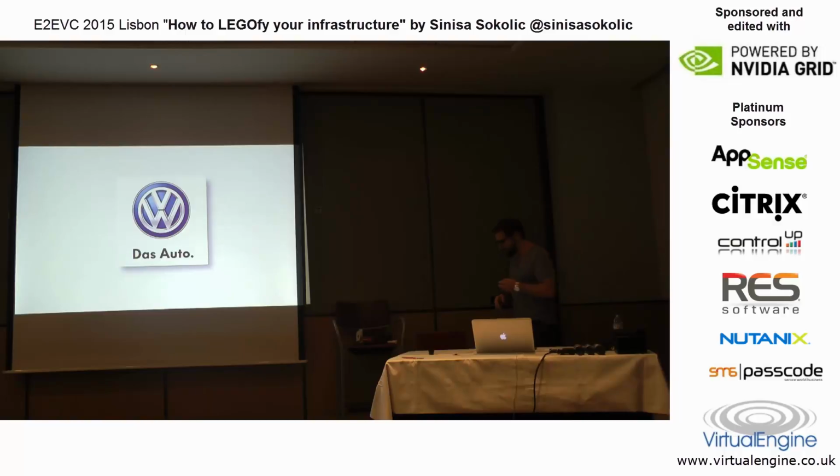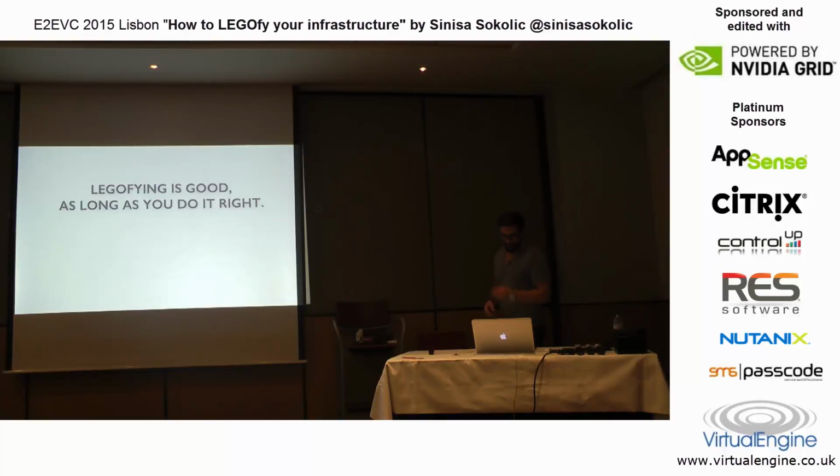Volkswagen is a very good example for how you can become the biggest car manufacturer in the world, and also in negative ways how you can screw it up. They used the same software in all their cars, so yeah. I'm not sure that was the best example.